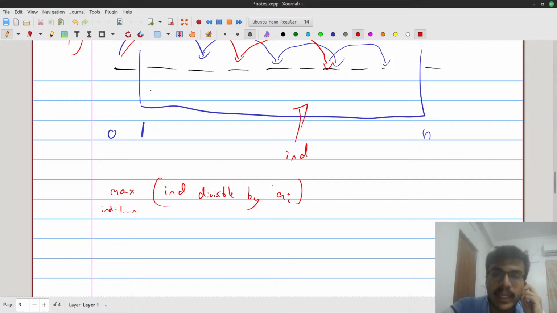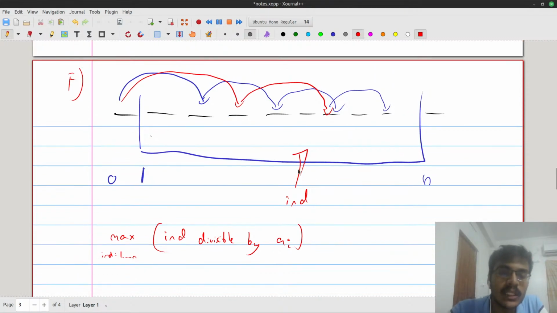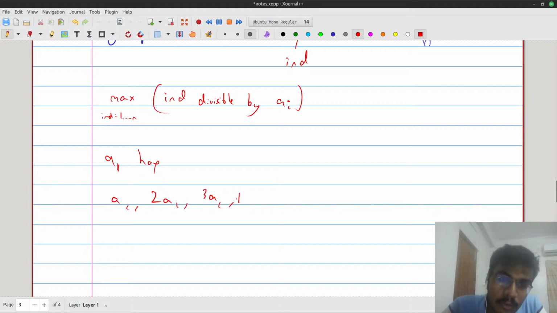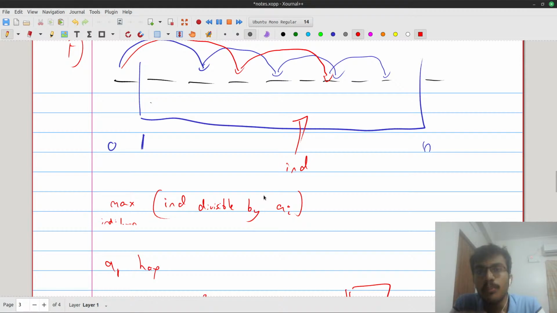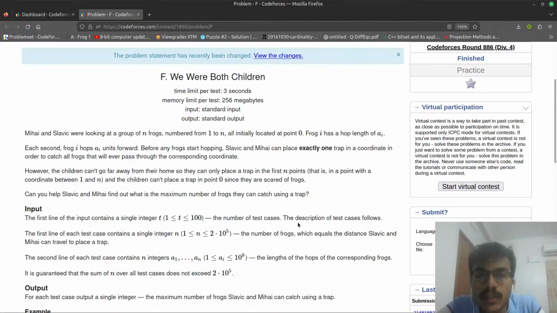So essentially we want to find the position which is divisible by the most number of a_i. Because if a frog can jump a1 units, then all the positions it visits are a1, 2a1, 3a1, 4a1, etc. So basically it visits all k times a1. That means we want to find the position between 1 and n which is divisible by the most number of frog hops. That's the basic idea here.